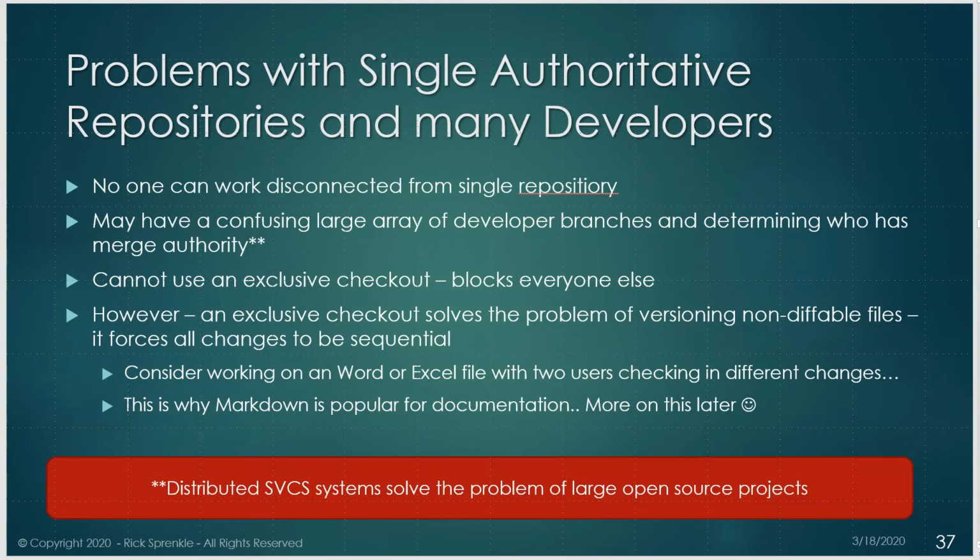So we mentioned, obviously, some of the problems with single authoritative repositories and many developers. One of the things that the non-exclusive checkouts, what we call distributed software version control systems, use is they often have lots of branches. And the key development piece is this notion of actually making a clone of a central repository and putting it on your development system.